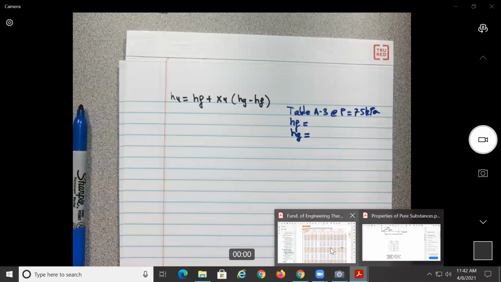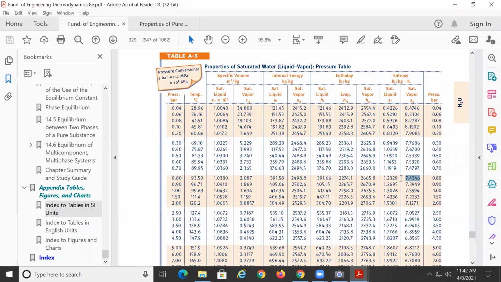So what do we have? So we need to add and divide by 2. So 0.75 will be, please do for H sub fluid, do 376.7 plus 391.66 divided by 2.